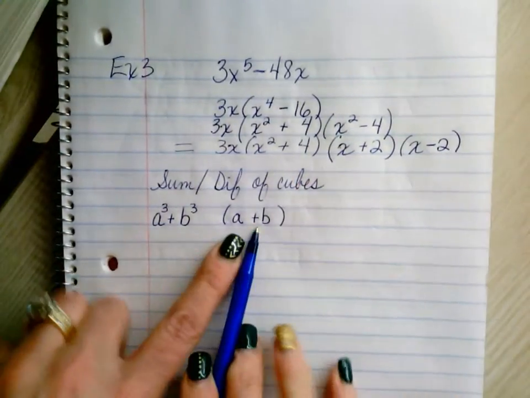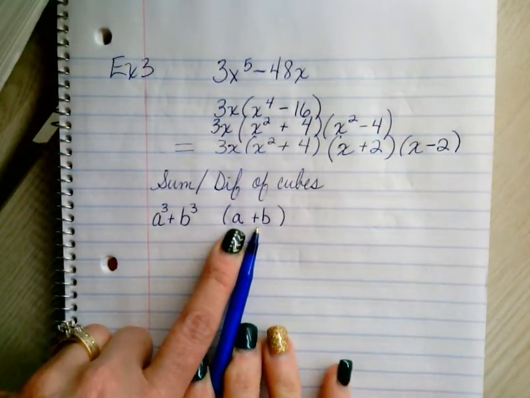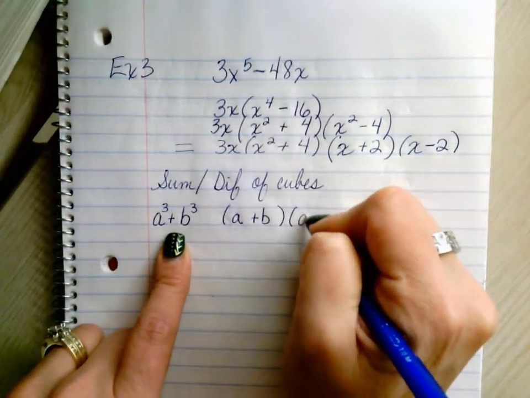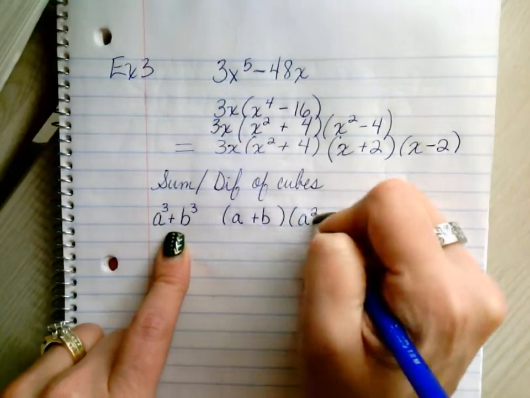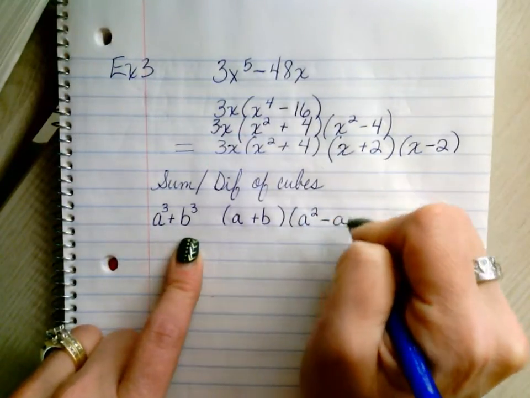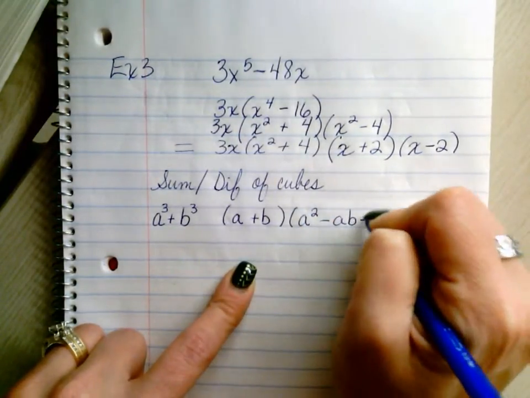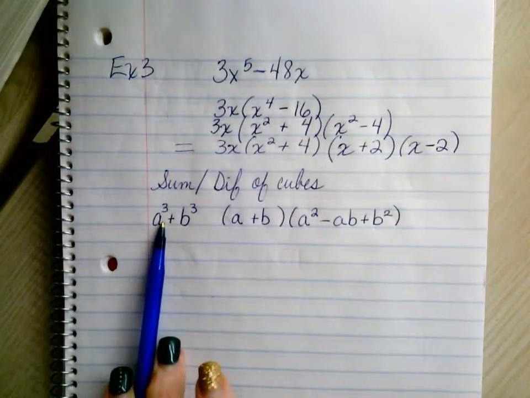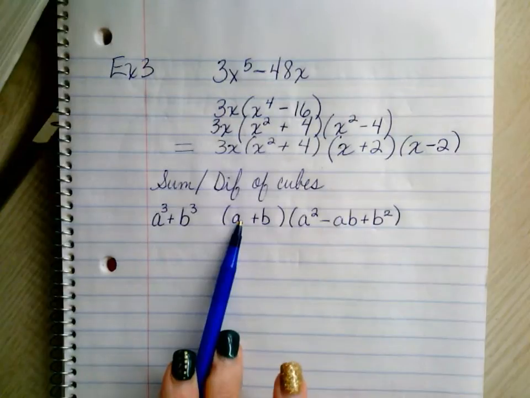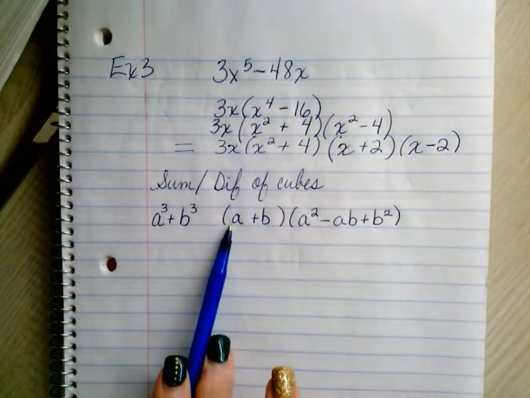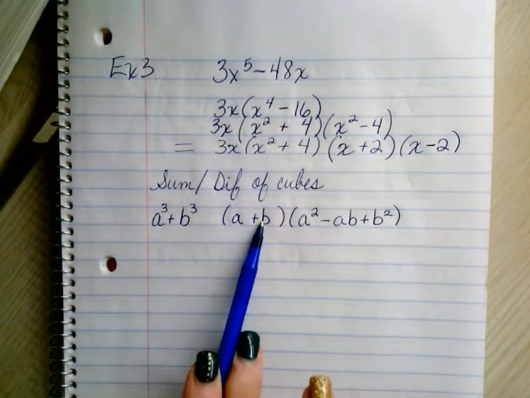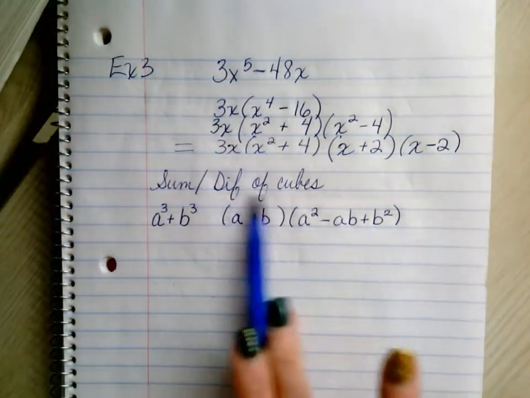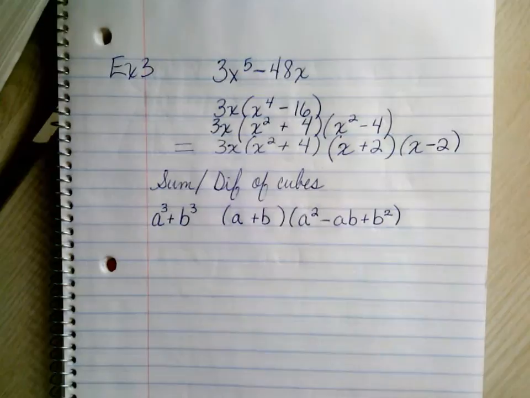Okay, pull out the cube root of each, and then for this scenario, it becomes a squared minus ab plus b squared. Okay, sum of cubes, pull out the cube roots, and then use these items to create this scenario, and it will be fully factored.